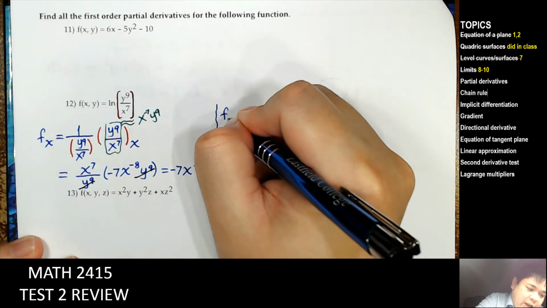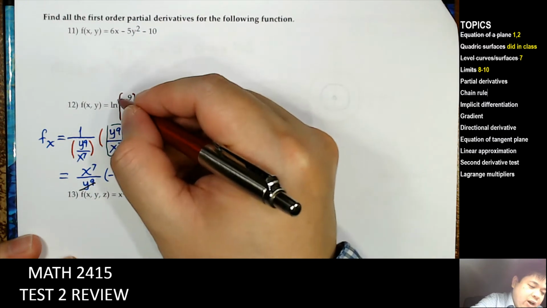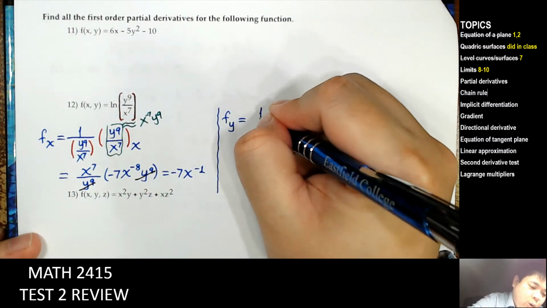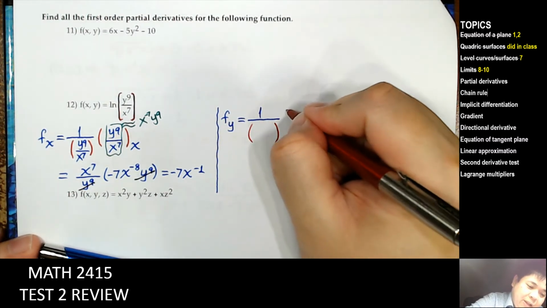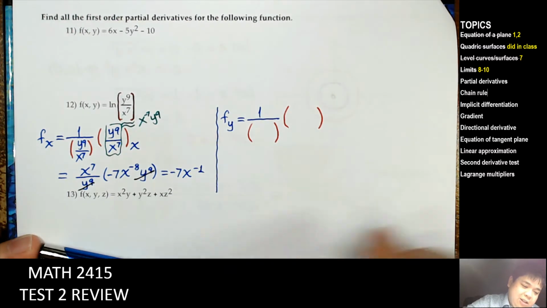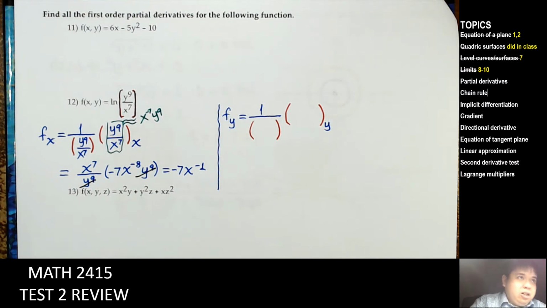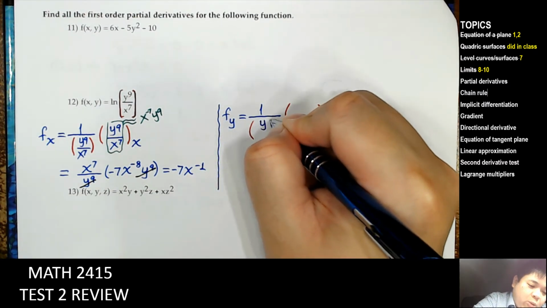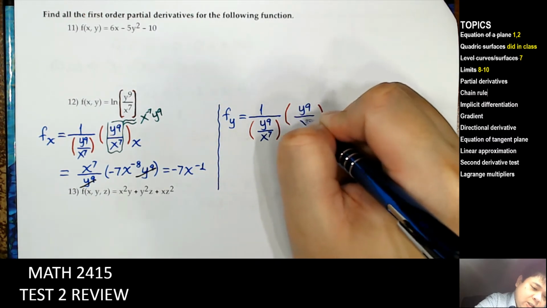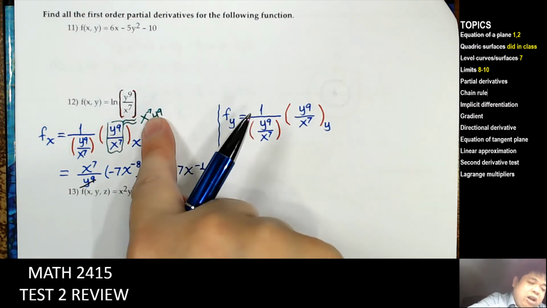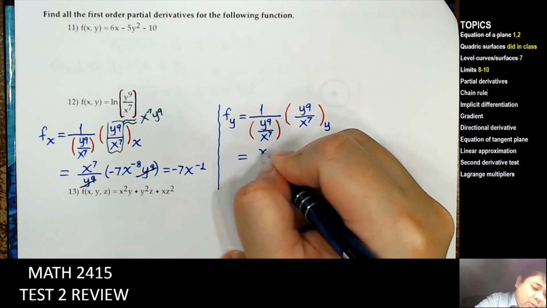Next, f of y. Again, this is the chain rule. Derivative of ln of something is going to be 1 over that thing, and then derivative with respect to y. Doesn't matter what's inside the parentheses. Now in the parentheses we have y to the 9 and x to the 7, which we write like that. Right. Divide by fraction is multiply reciprocal.